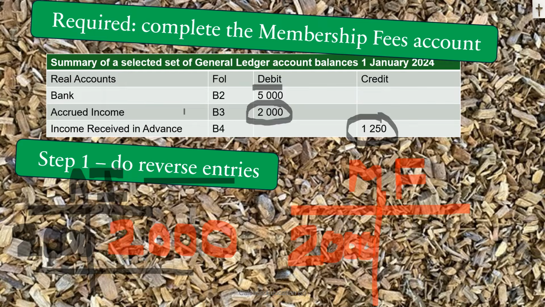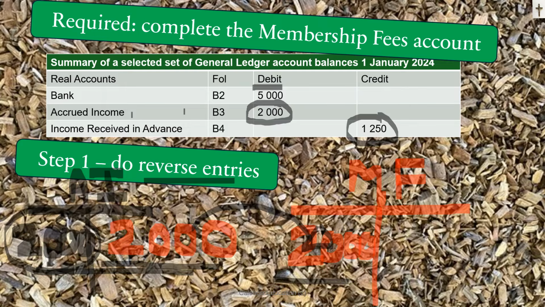The adjustment from the previous year needs to be entered into the current year. Because this had a debit balance, we credit accrued income and we debit membership fees with 2,000. We're bringing that owing income from the previous year into the current year.